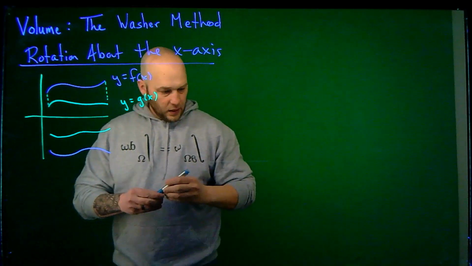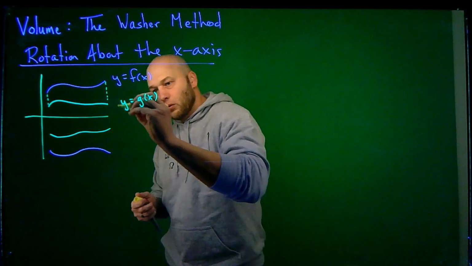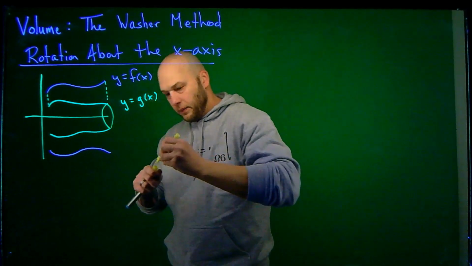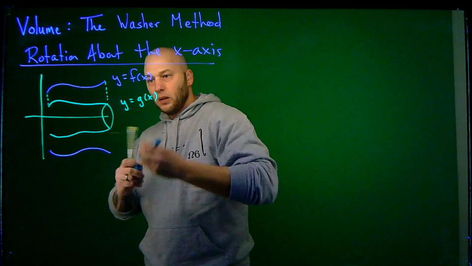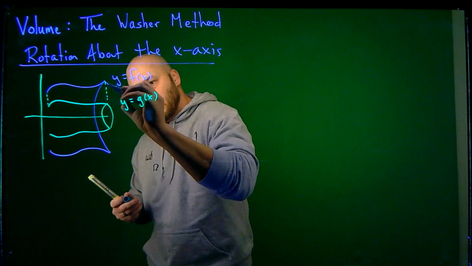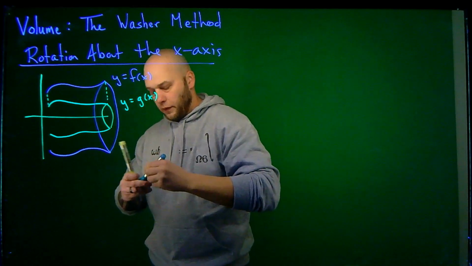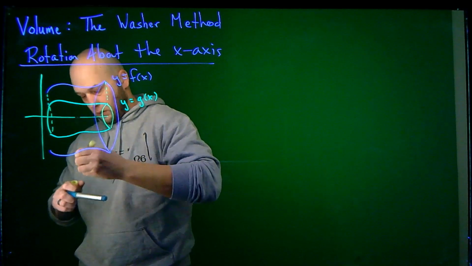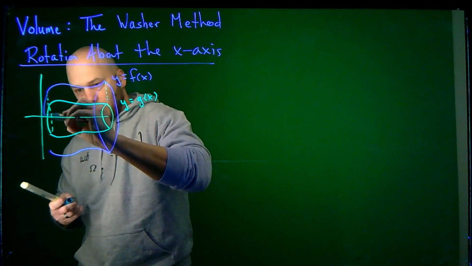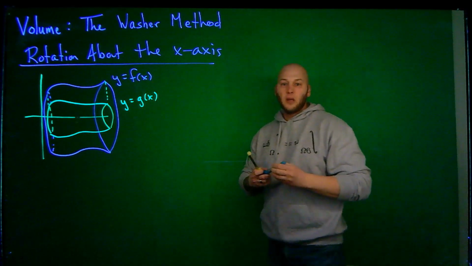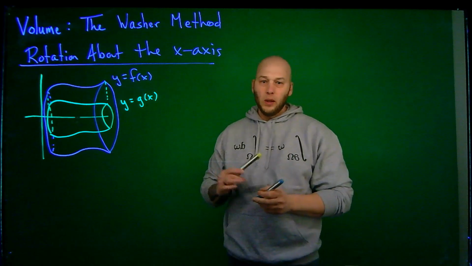And the idea is, again, I create this three-dimensional solid that's going to look like the following. So I get this three-dimensional solid that has a hole in the middle.